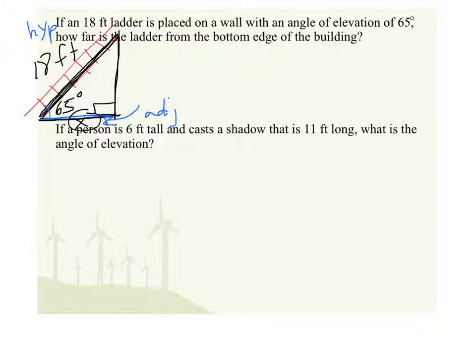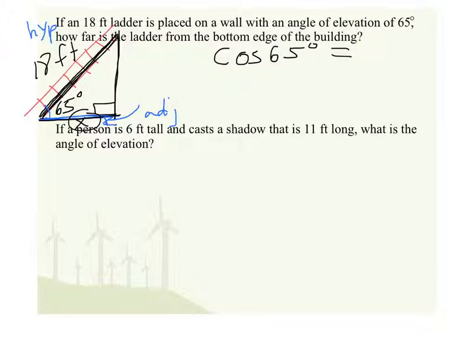And the trig function that I use has to include both of those sides. Now, it may not be a bad point here to pause to see if you could look up which trig function involves adjacent and hypotenuse. The answer is cosine. Involves adjacent and hypotenuse.